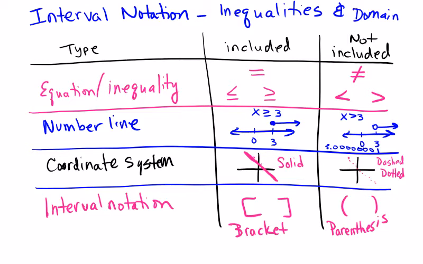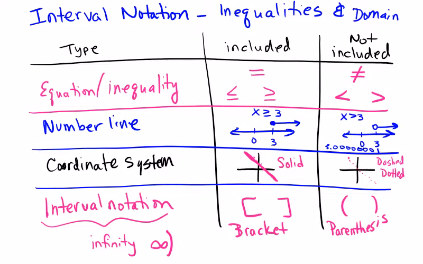One of the important things to know with interval notation is that if you ever have infinity or negative infinity, the infinity symbol will always have a parenthesis, because there is no such thing as reaching infinity, so there's no endpoint to it.